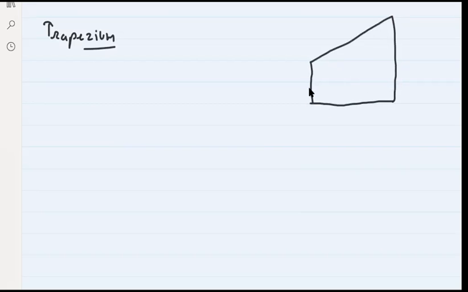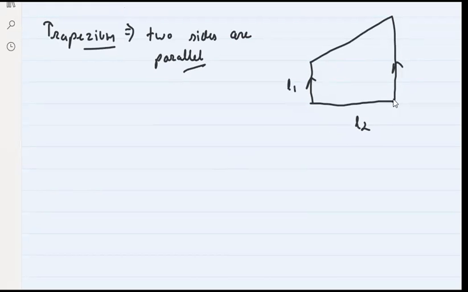What can you see here? You can say that two sides are parallel. Only two sides are parallel in a trapezium. So obviously in this we don't have length and breadth. Suppose this is L1, this is L2, this is L3, this is L4.